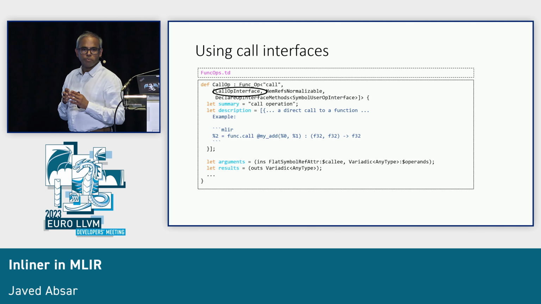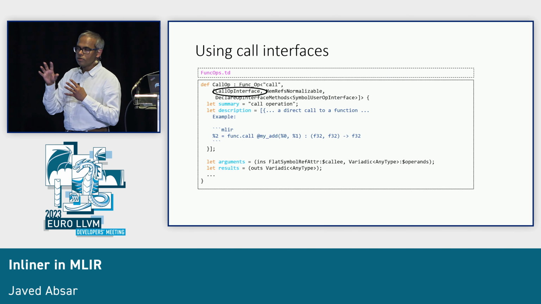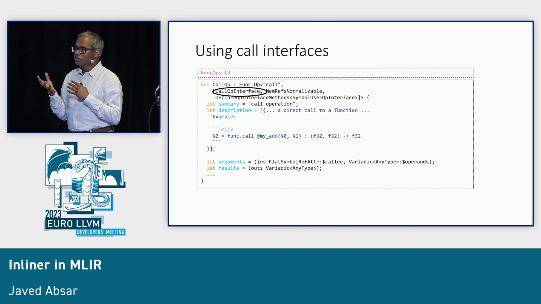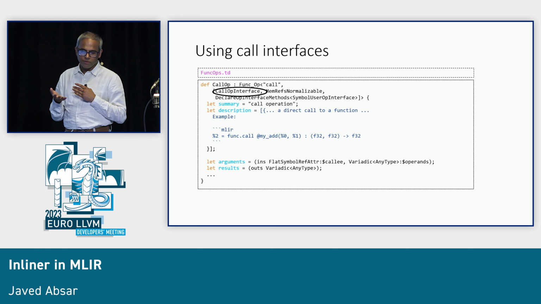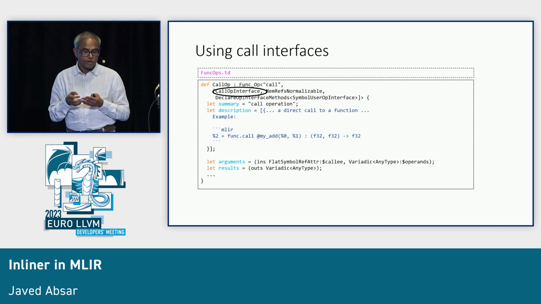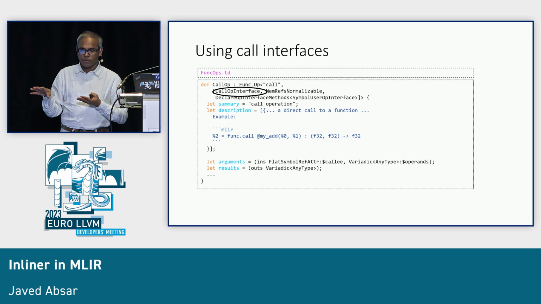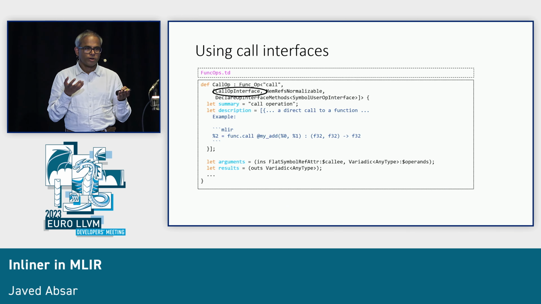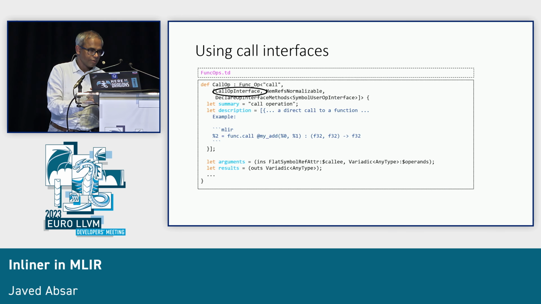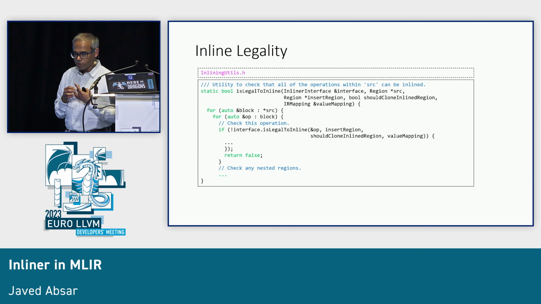Often the calls and functions, et cetera, we just use the built-in dialect. So look, here's the example. The func op itself defines a CallOp, and it says that it implements this call op interface, so it provides those functions, et cetera. In your own dialect, if you don't like the func call op, you can do the same thing: copy some of the code from here and add your own custom code. That's how a lot of people do it.